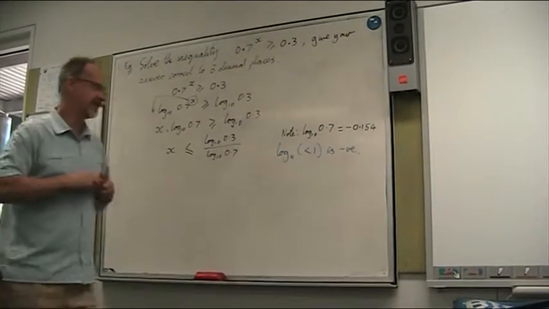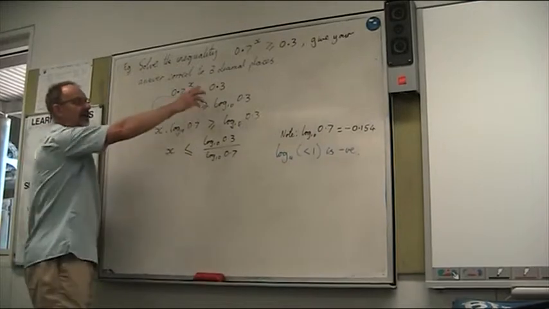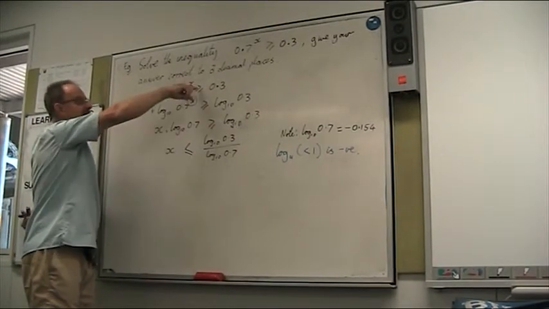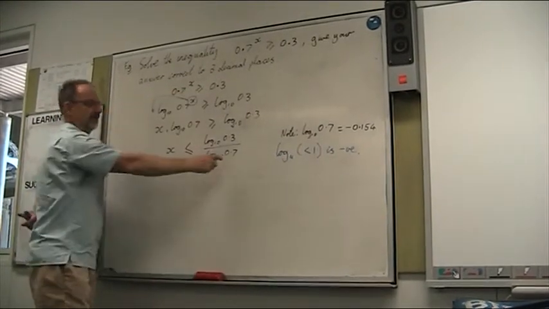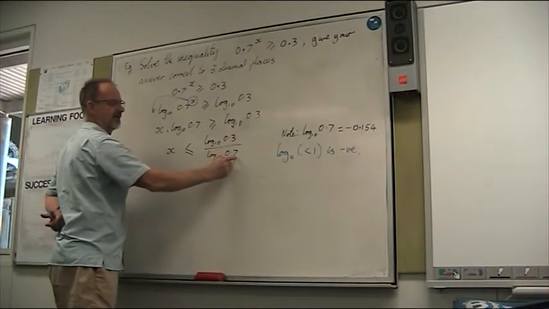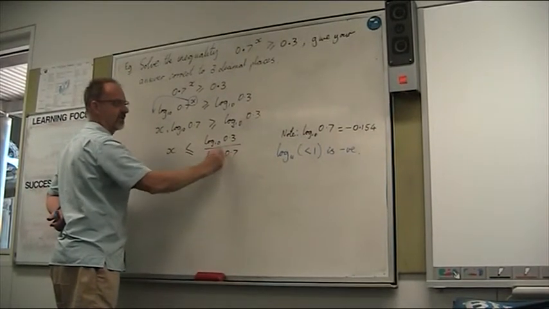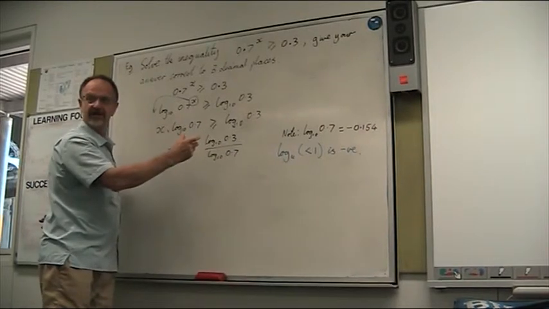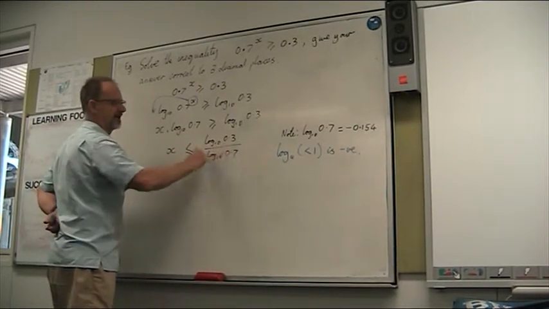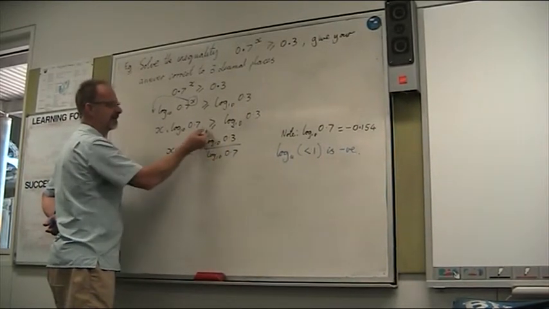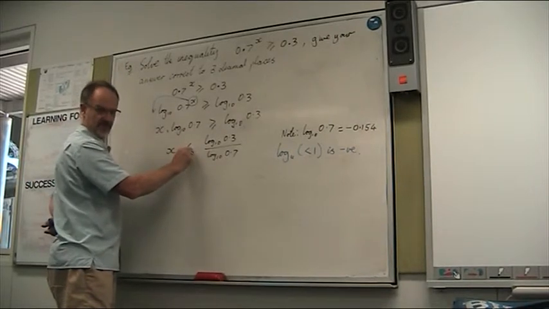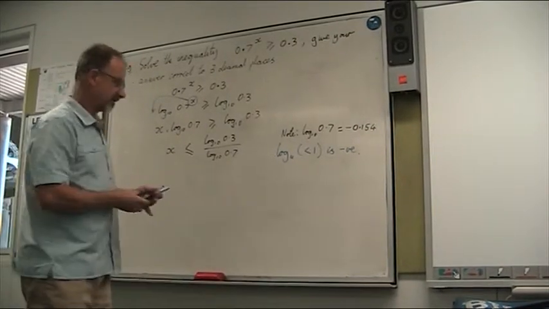So it's something to keep in mind when you are doing inequalities. If the number you're taking the log of is less than 1, that log will be a negative number, so you need to flip your inequality.